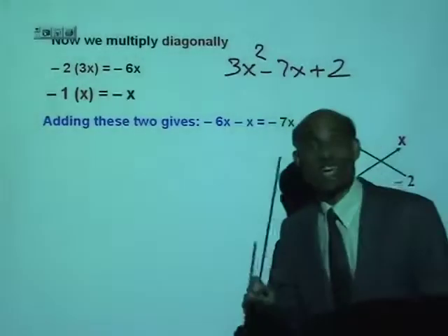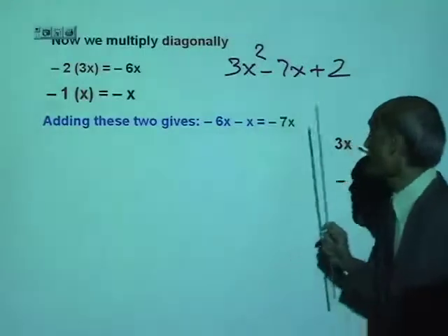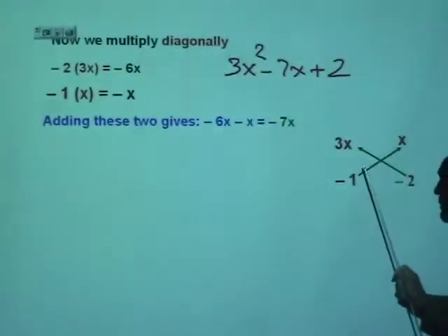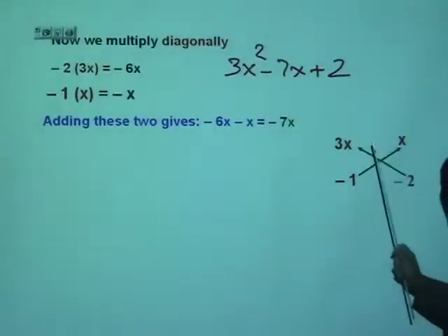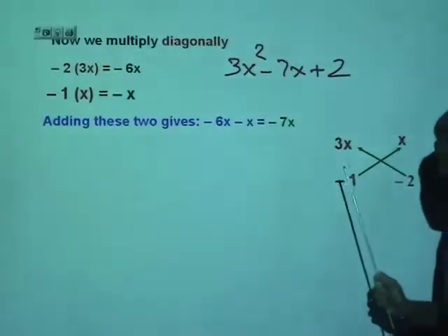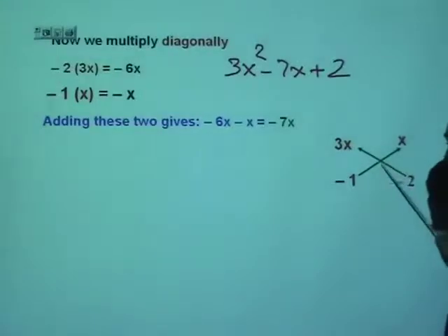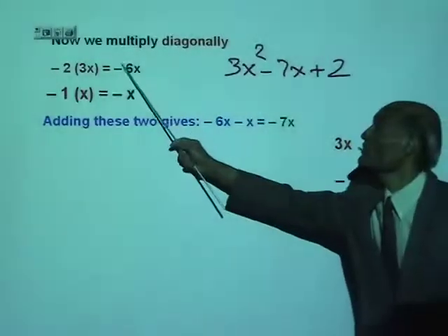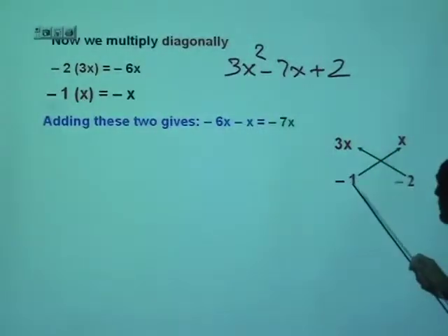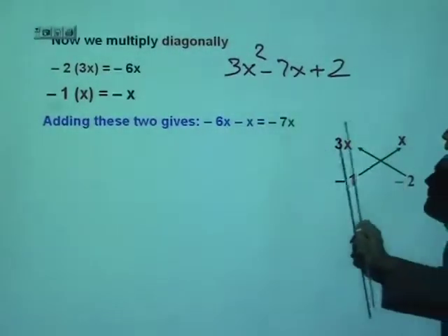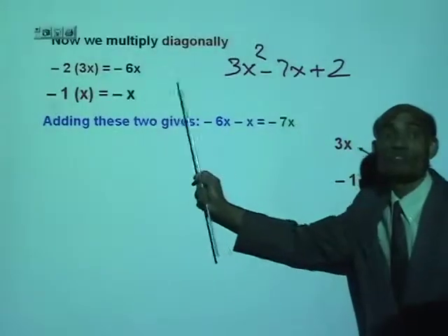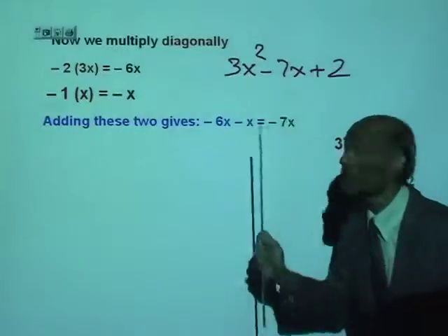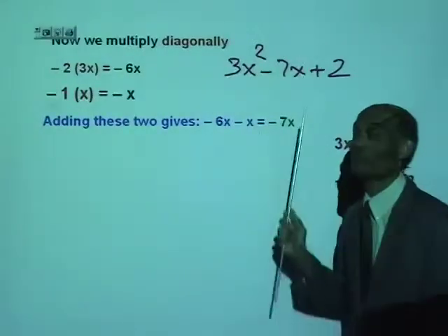So, what is the test that you got to do here? Once you factor the first term and then the second term and write them like this, multiply diagonally. Negative 2 multiplied by 3x is negative 6x, and negative 1 multiplied by x is negative x. Adding the two must give you the middle term.